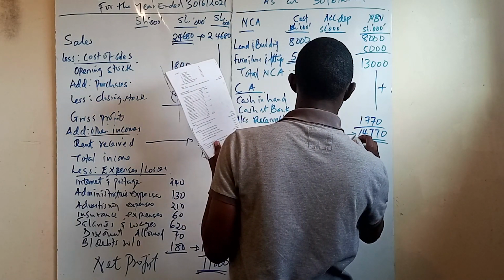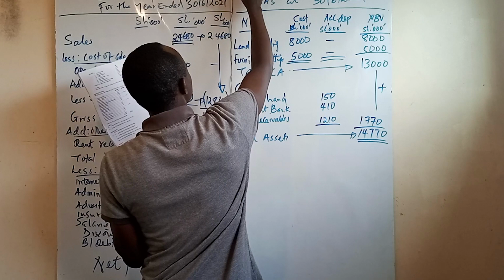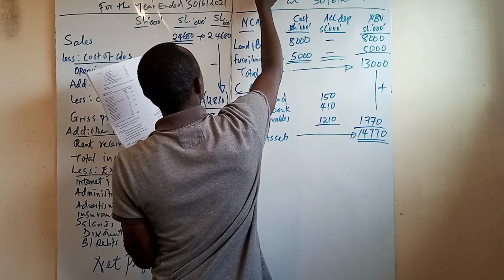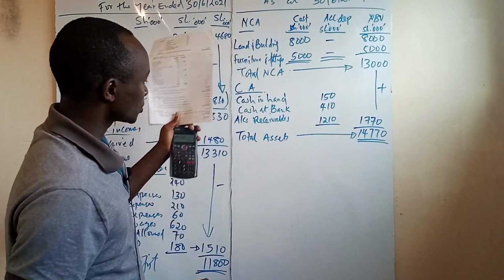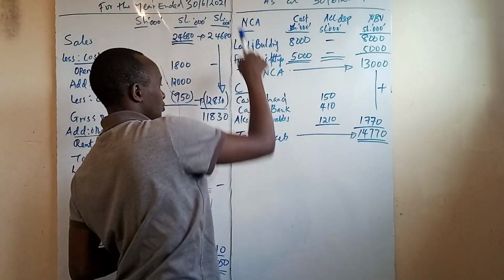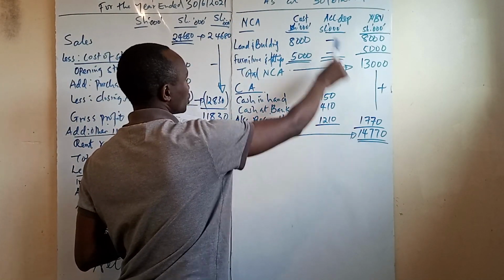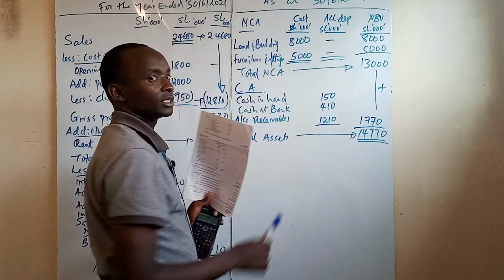So these are our total assets. And we said our total assets is equivalent to capital plus liabilities. So let's look at the liabilities, because these total assets should be equivalent to the total of capital and the liabilities.